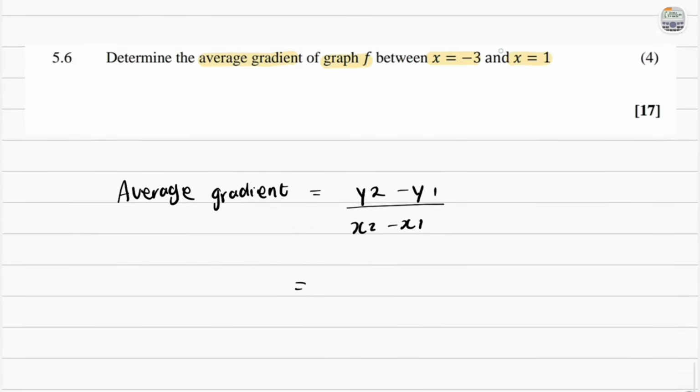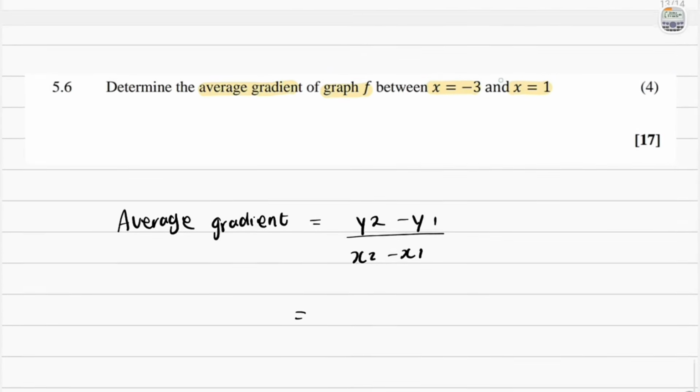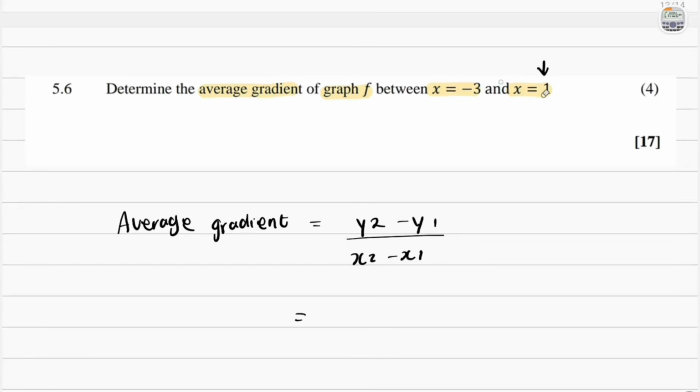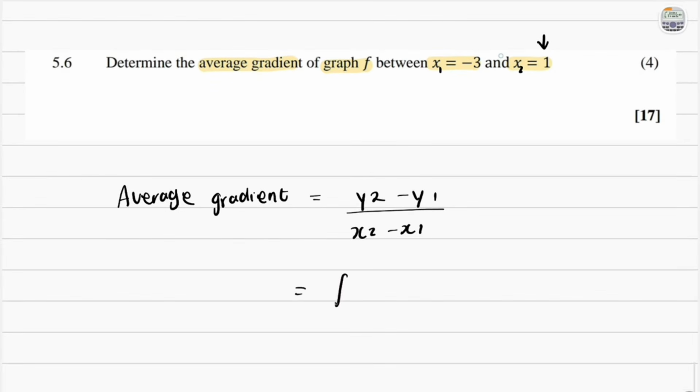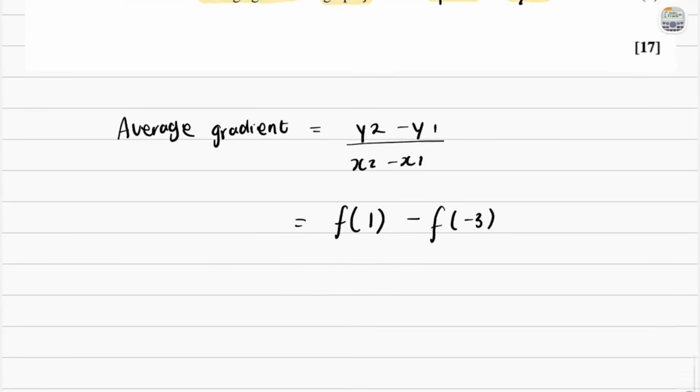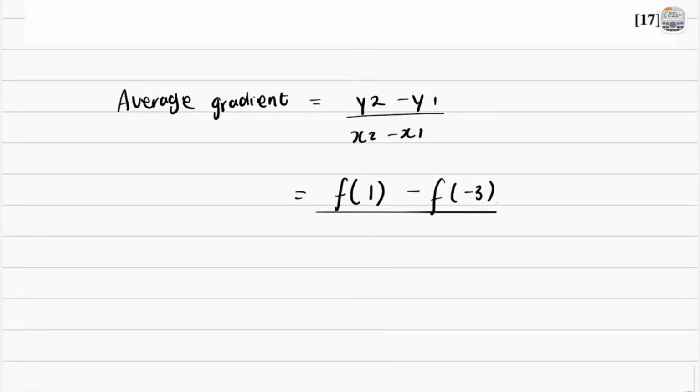So y2 will be found as a result of substituting this x2, okay? This is the second x value, this is the first x value. So we'll simply just say, we'll find this by saying f of 1 minus f of negative 3, okay? y2 minus y1 over x2 minus x1.